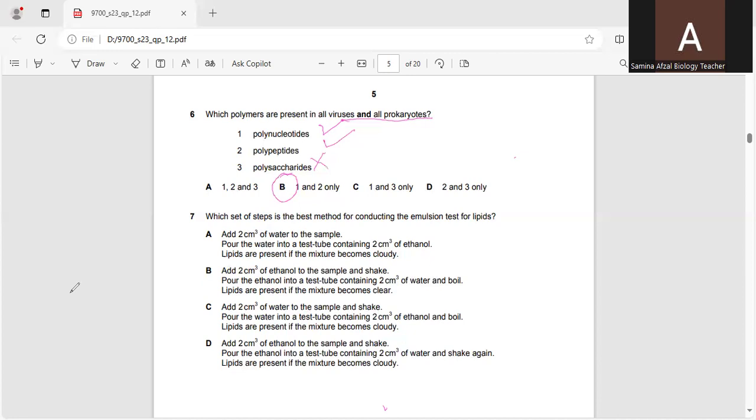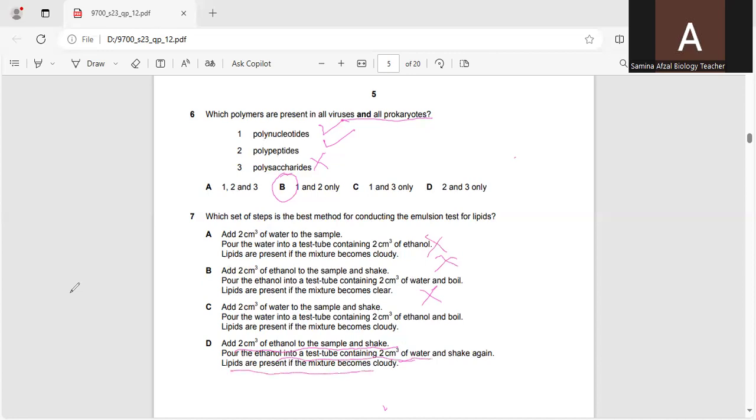Question number 7: which set of steps is the best method for conducting the emulsion test for lipids? Add 2 cm³ of water to the sample, pour the water into a test tube containing, no. Add 2 cm³ of ethanol to the sample and shake, no. Water to the sample and shake, no. Add 2 cm³ of ethanol to the sample and shake, pour the ethanol into a test tube containing 2 cm³ of water and shake again.